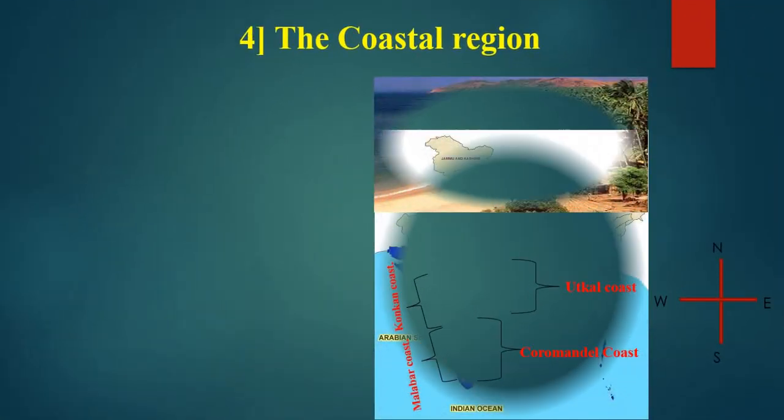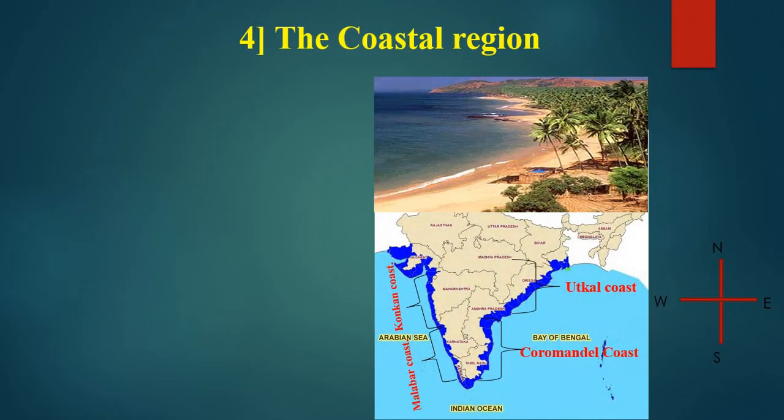And when it comes to the coastal region, the fourth part of this, you can see the blue color is what covers the coastal region, the touching point of India. The Indian coastline is vast and stretches over 6,100 kilometers.